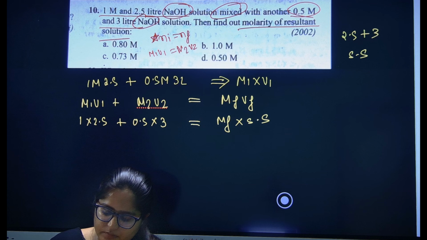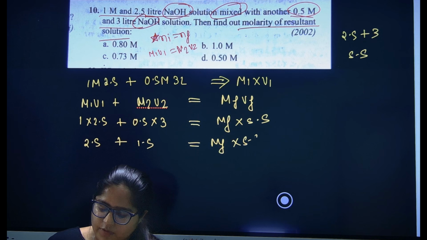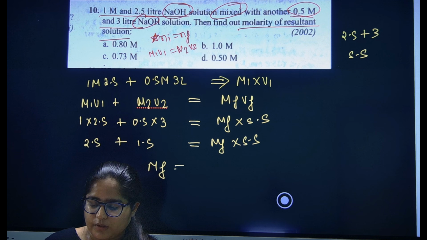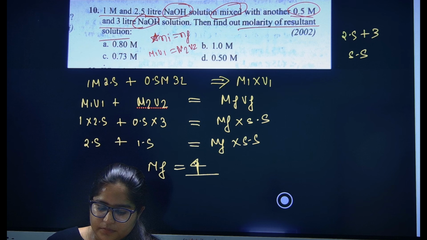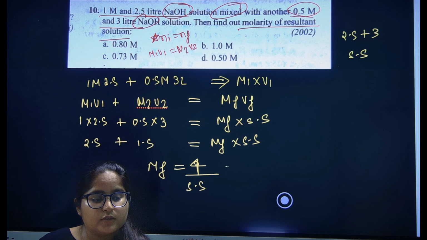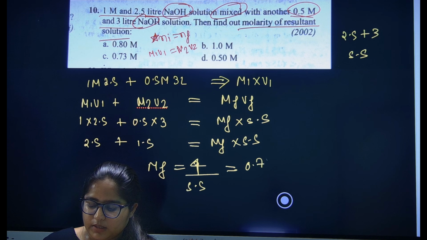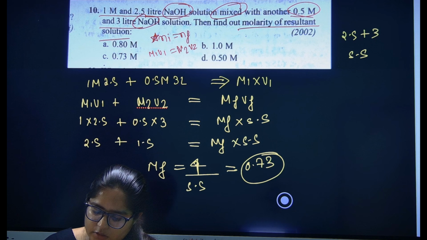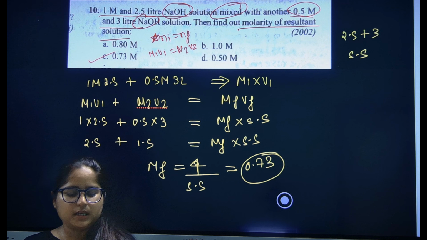From here we get our final molarity, 4 by 5.5, which is approximately 0.73. So option C, 0.73, is the right option.